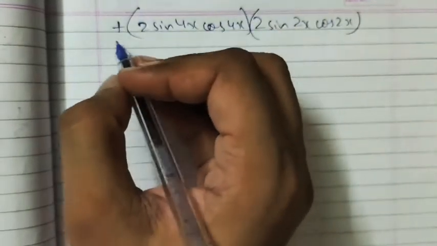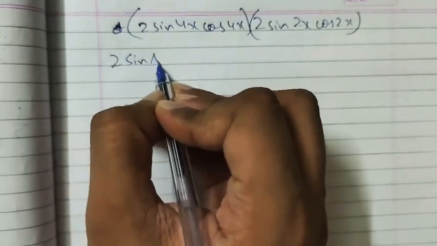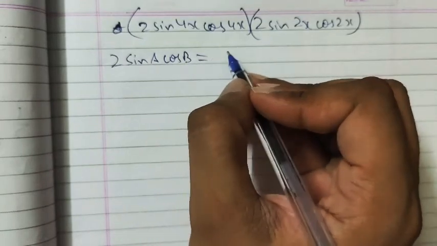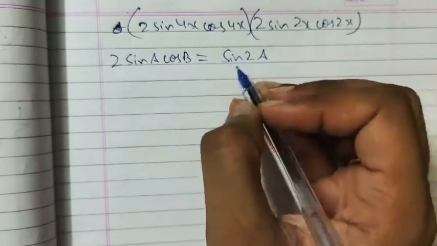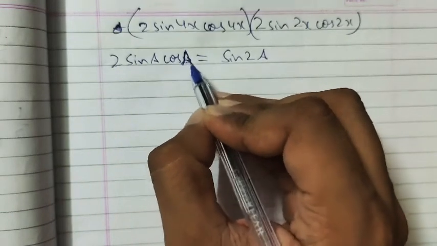Now using this identity, sin 2A is equal to 2 sin A cos A, right?